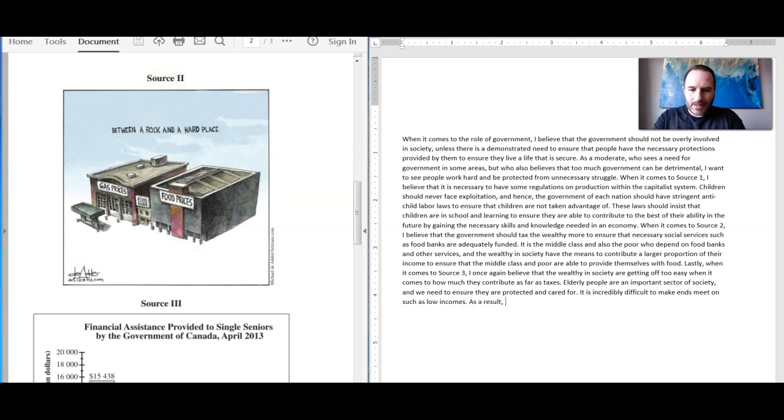As a result, if we tax the wealthy more, we will be able to pass on more to our seniors to ensure they are able to provide the things that are necessary to themselves, such as food, clothing, shelter, and also medication.